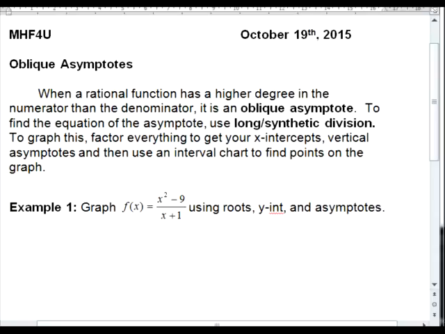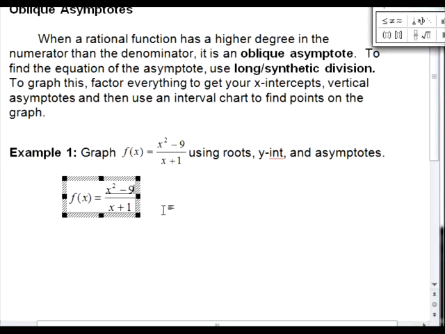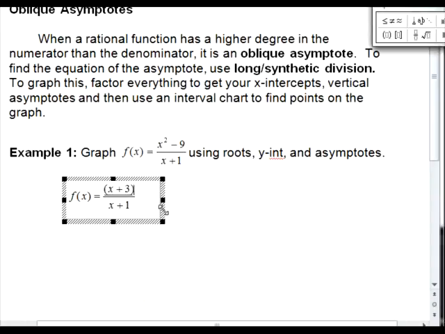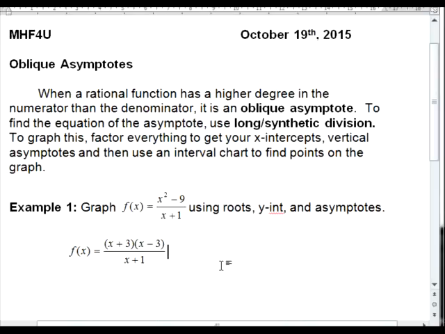Step 1 is to factor. The numerator has to factor, the denominator is already done. So I'm going to call this x plus 3, x minus 3, because that's really what my equation is. Let's start with the roots.